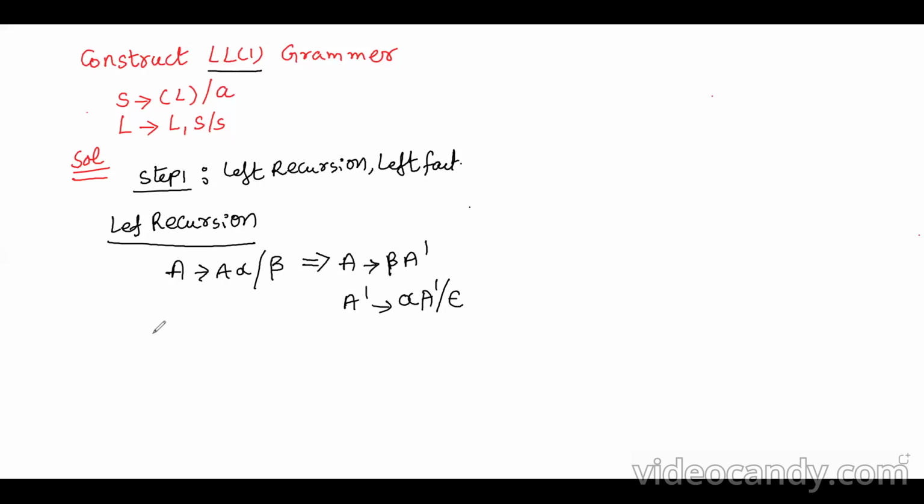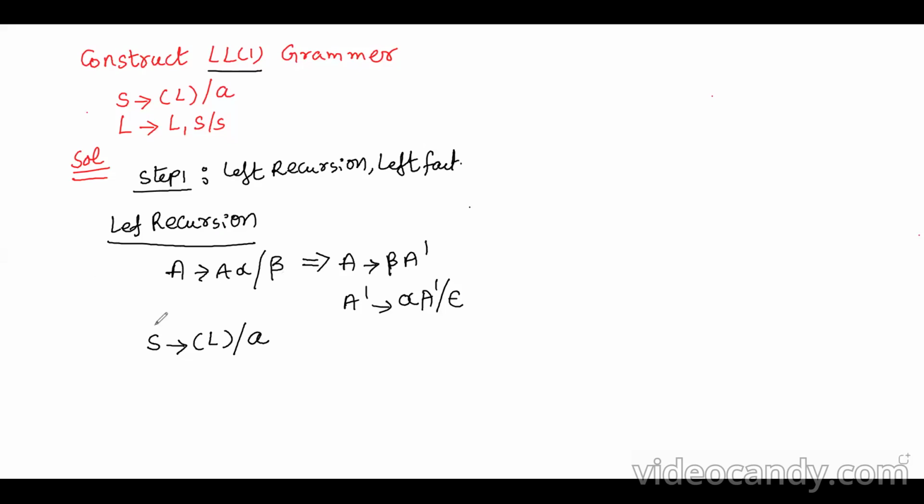Now you can see the productions are given. S tends to open bracket L close bracket slash A. In this production, do we have any left recursion? Now we need to apply the formula A tends to A alpha slash beta.